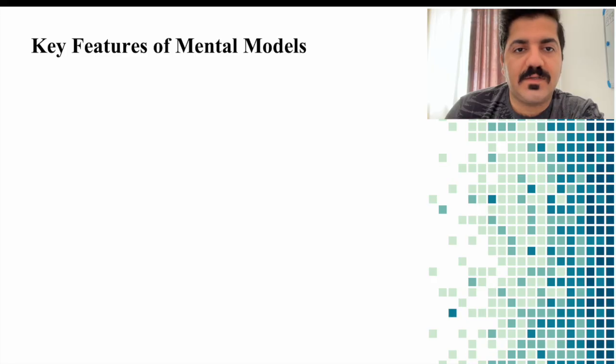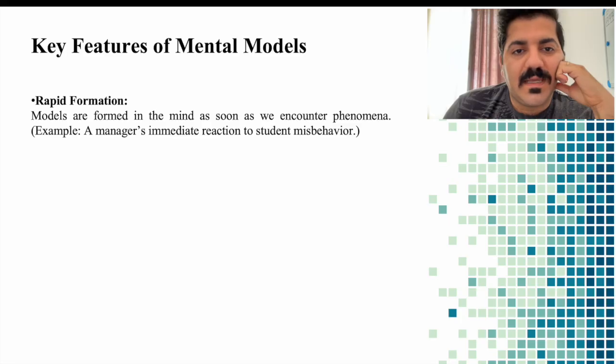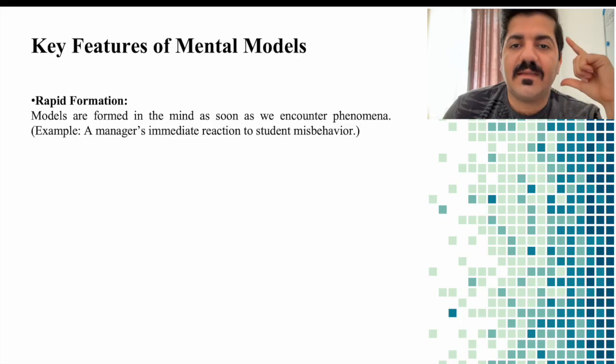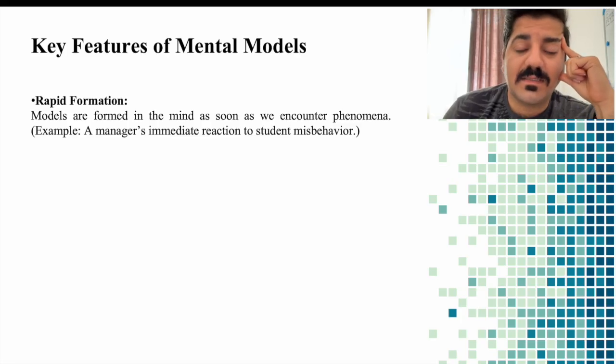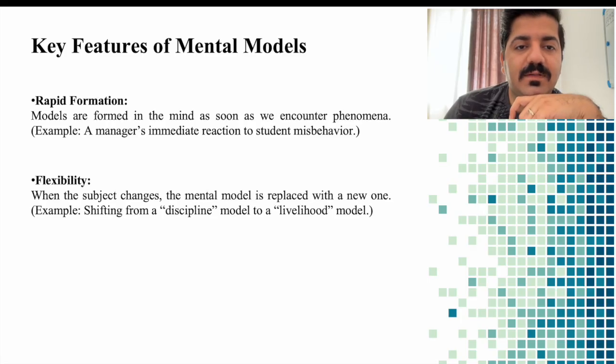Okay, key features of mental models. First, mental models are fast to make. Your brain creates them instantly. For example, a teacher sees a noisy class and thinks these students are lazy. Another is that mental models are easy to change. When new info comes, your brain updates its rules.